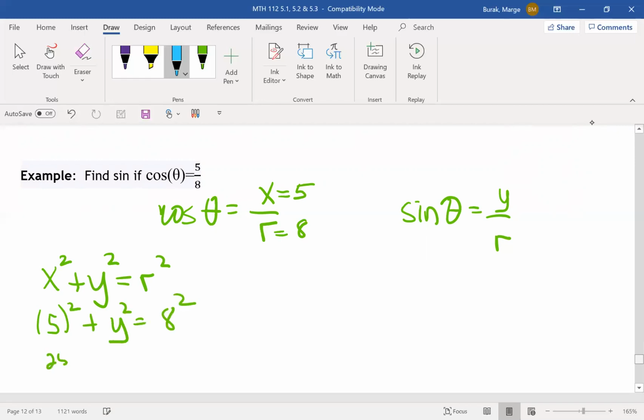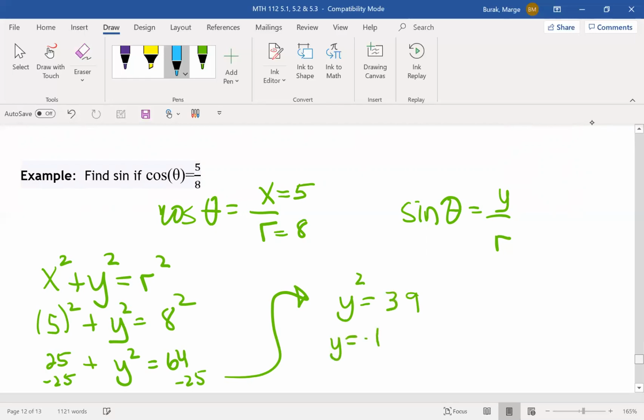So we'll get 25 plus y squared equals 64. Minus 25, and we'll get y squared equals 39. So y would be plus or minus the square root of 39. And it could be plus or minus. It kind of depends on which quadrant the angle is in.